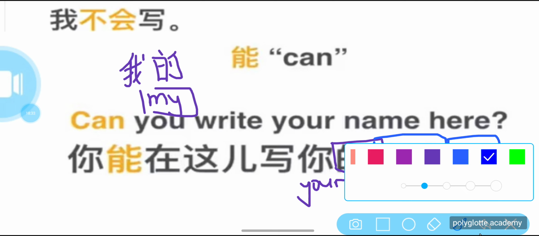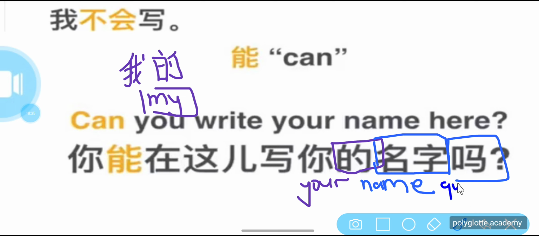So in general we can have 你能在这写你的名字吗? Which can be translated into English as, can you write your name here?